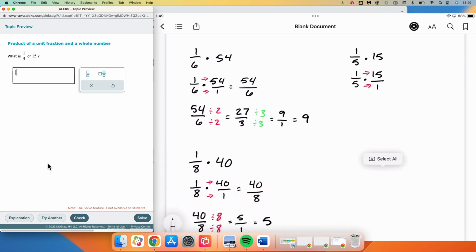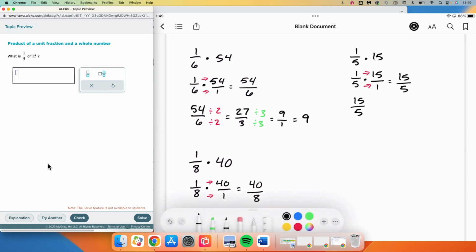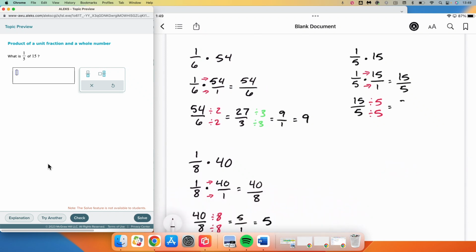And so we get 15 over 5. Now we do need to simplify 15 over 5, and we can recognize that they both have a common factor of 5. So 15 divided by 5 is going to be 3. 5 divided by 5 is 1. And 3 over 1 is the same as 3.